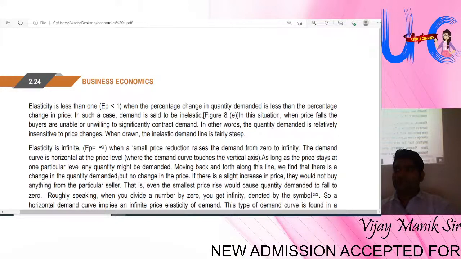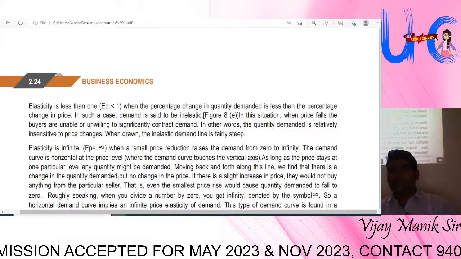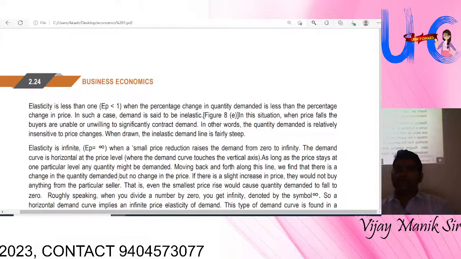If there is no change, okay, no change in the curve, no change in the prices, no change in the quantity, no change in the demand, then what? It is called elastic or inelastic? Inelastic. If there is change, then elastic.